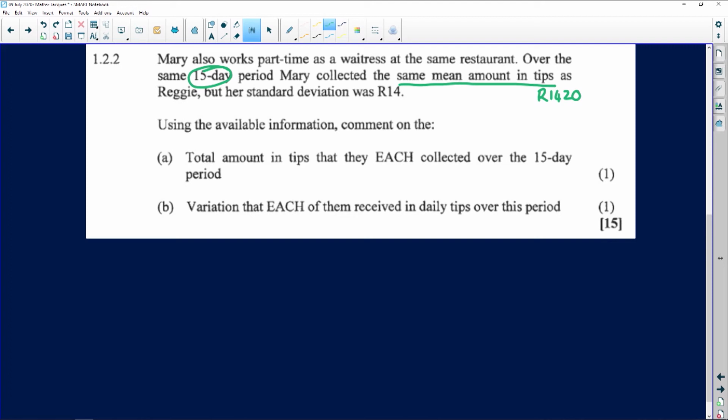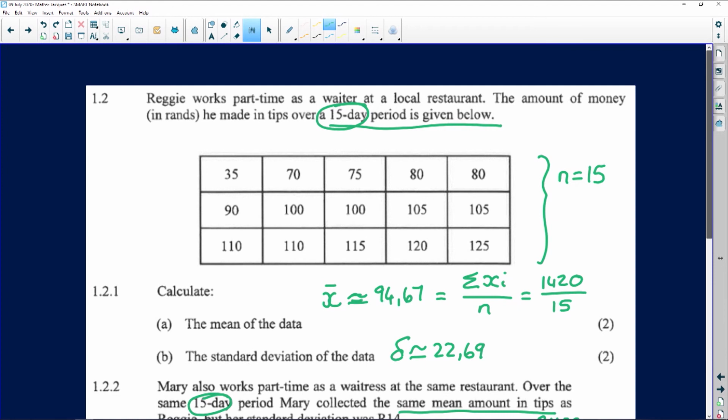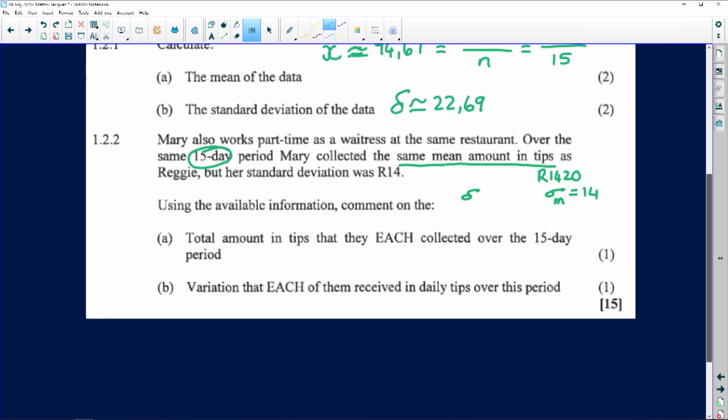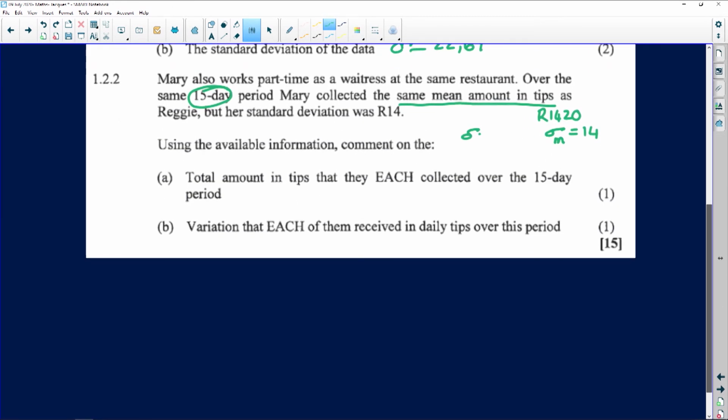Okay, but her standard deviation is 14. So I'm going to put an M here for the standard deviation for Mary. Remember the standard deviation for Reggie was 22,69. So 22,69 was Reggie, and the amount of tips was the same.